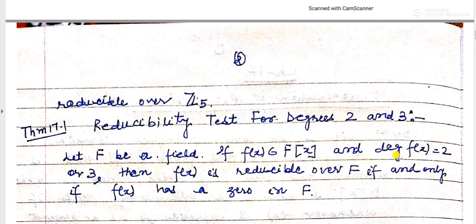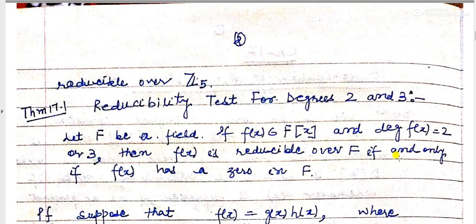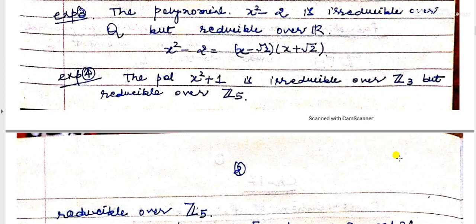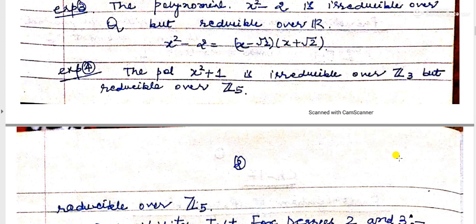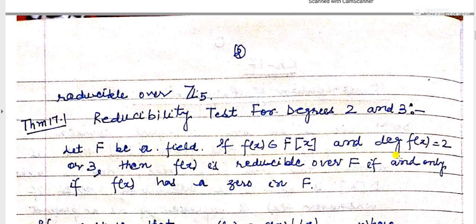Now we come to theorem 17.1. Heading of the theorem is reducibility test for degrees 2 and 3. As we see in this example number 4, that this is a 2-degree polynomial. So 2-degree or 3-degree polynomials can be checked for reducibility by this test.